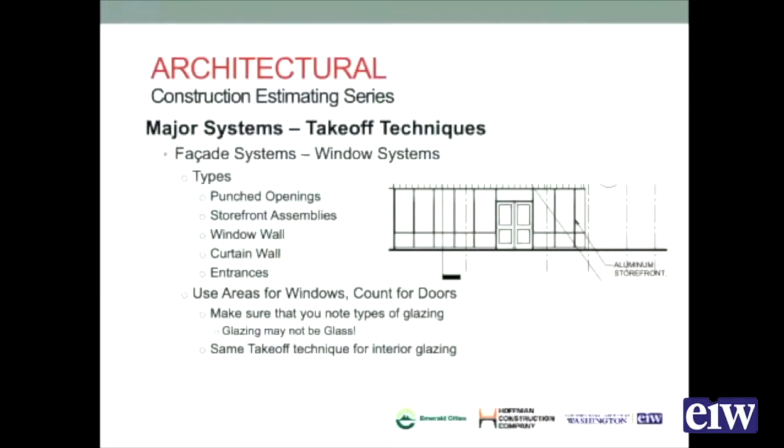The other thing to think about with windows is the entrances. So doors, aluminum doors in, let's say, an aluminum window system, you take those off with the windows themselves, not as a separate activity, because the subcontractor who supplies the windows and the storefronts will supply those doors as well.